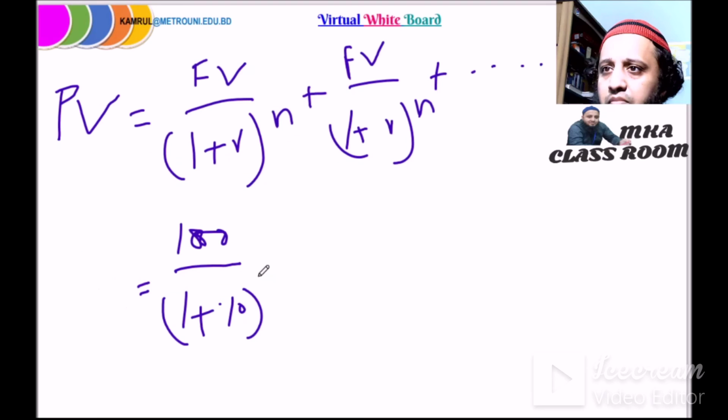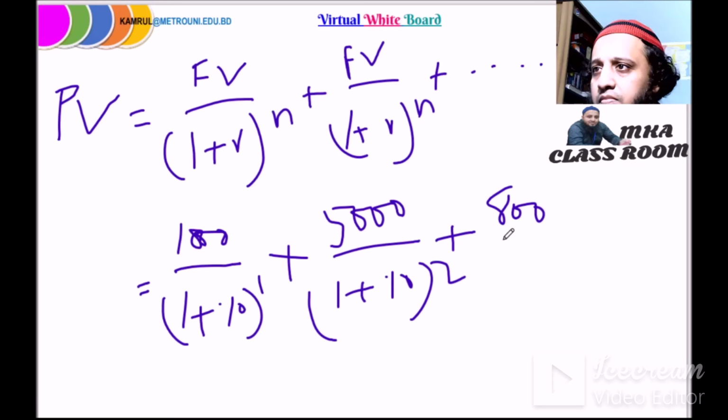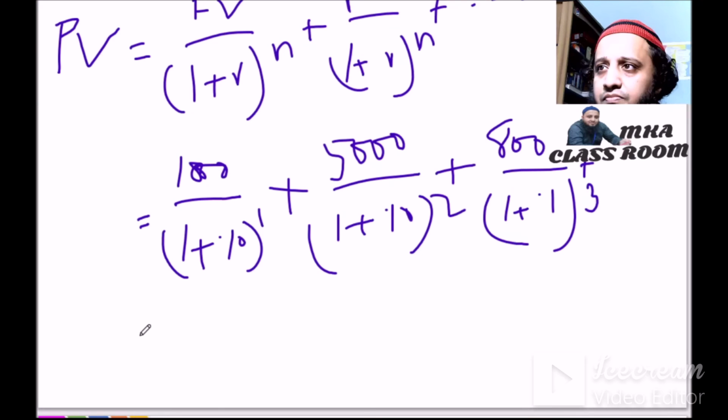Power 1, then 5000 divided by 1 plus 0.10 power 2, plus 800 divided by 1 plus 0.1 power 3, plus 2000 divided by 1 plus 0.1 power 4.